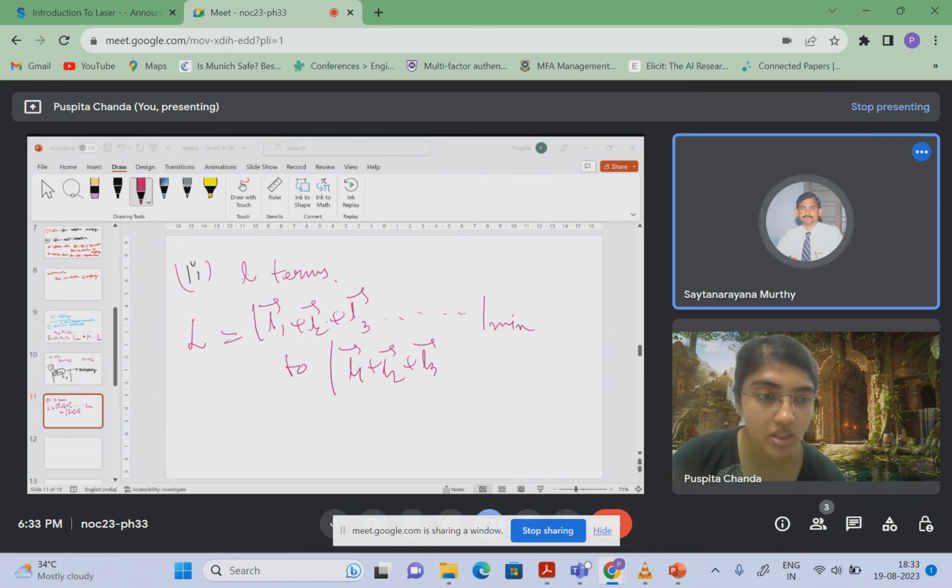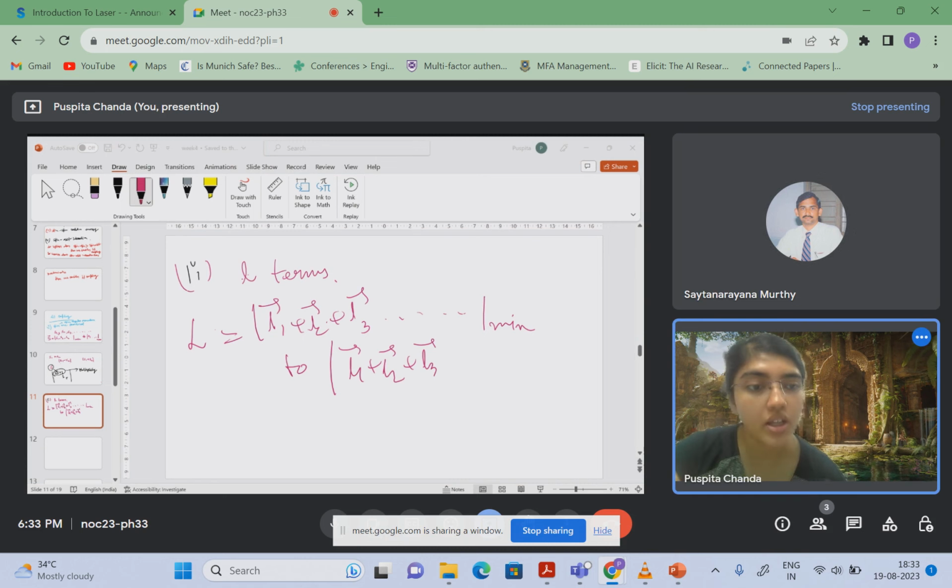For two terms, and for three terms, L1 minus L2 minus L3 and L1 plus L2 plus L3.